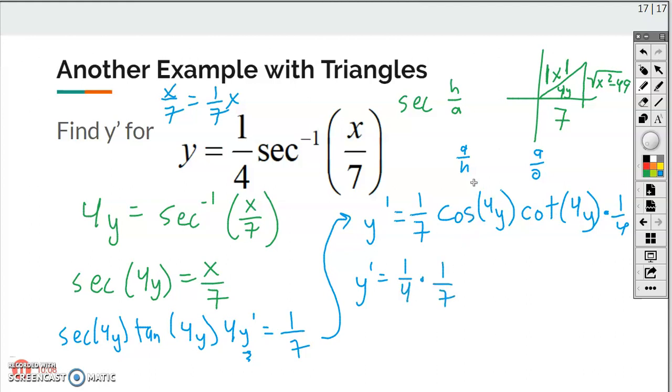For cosine, I'm going to do adjacent over hypotenuse, so 7 over absolute value of x. And then for cotangent, adjacent over opposite, so 7 over the square root of x squared minus 49. You could stop here. You could cancel out these 7s and simplify it a little bit.